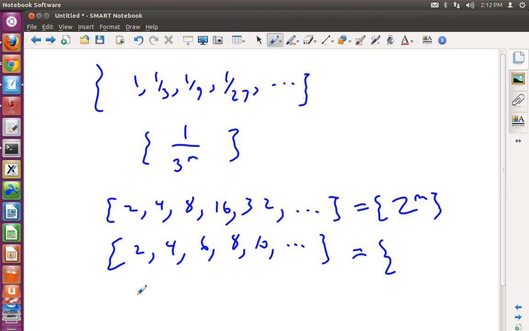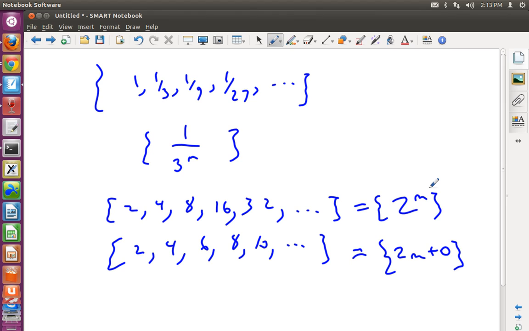Yes. What if you plot the points (1, 2), (2, 4), (3, 6), (4, 8)? Aren't you getting a line with a slope of 2 and intercept of 0 in this case? Plug in 1, you get 2. Plug in 2, you get 4. Plug in 3, you get 6. So arithmetic sequences can be written sort of like mx plus b, and geometric sequences are usually powers, exponentials, I should say.